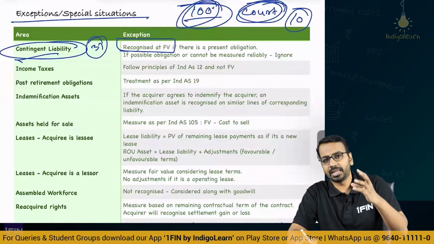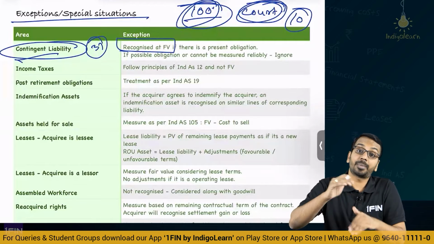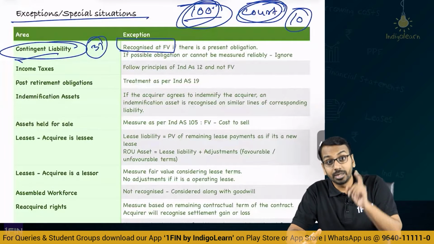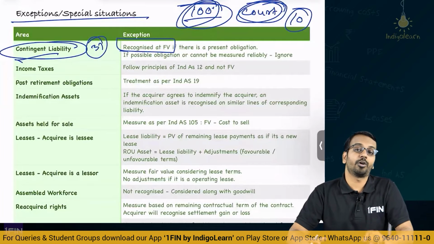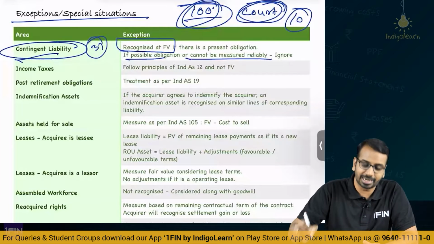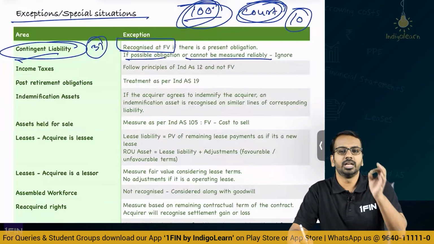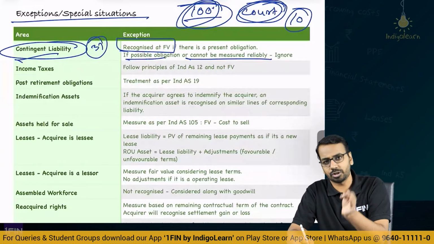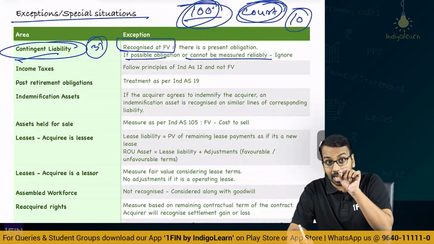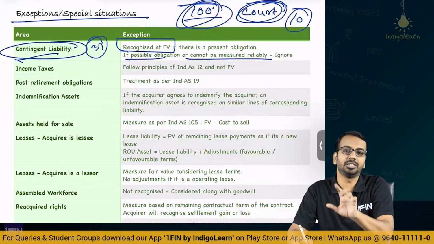If it is probable that there will be an outflow of resources, or if there is a present obligation but the amount cannot be estimated, even that is a contingent liability, right? You will determine the fair value and account for it at fair value. But if there is a possible obligation or you cannot measure it reliably, you will ignore that. So the question will tell you that there is a probable outflow of resources, you will take the fair value and that will be recognized in the initial acquisition.